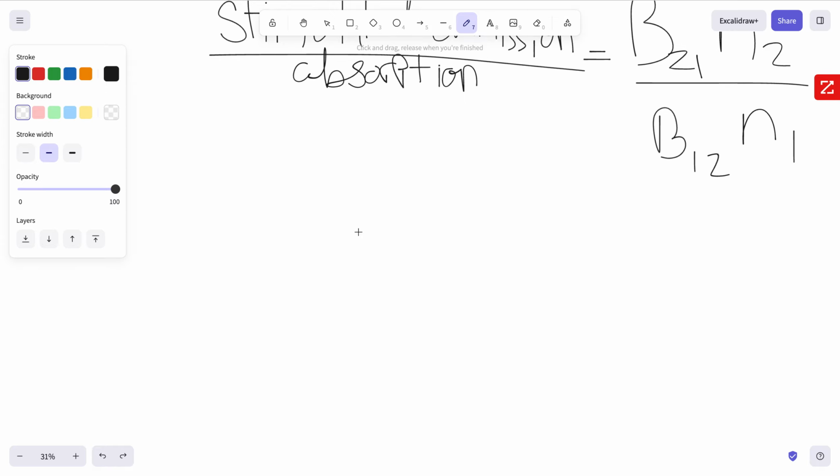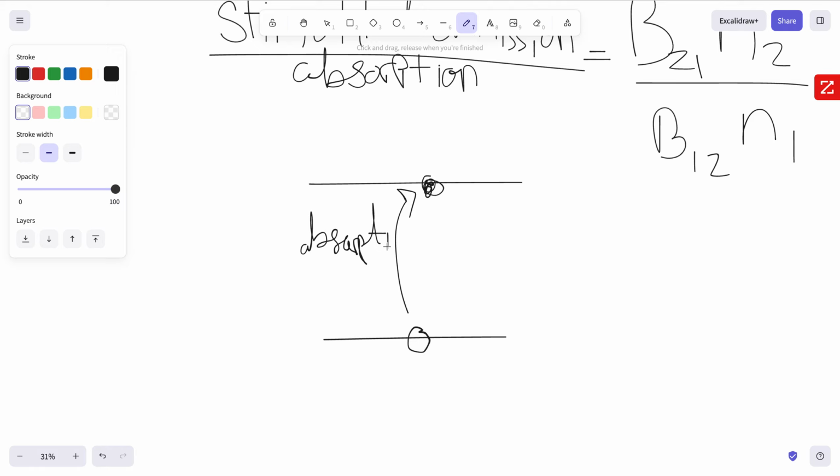Suppose you have an electron that gets excited and goes to the second state due to absorption. Usually what ends up happening is that, due to spontaneous emission, it falls down, which is not very good for us.